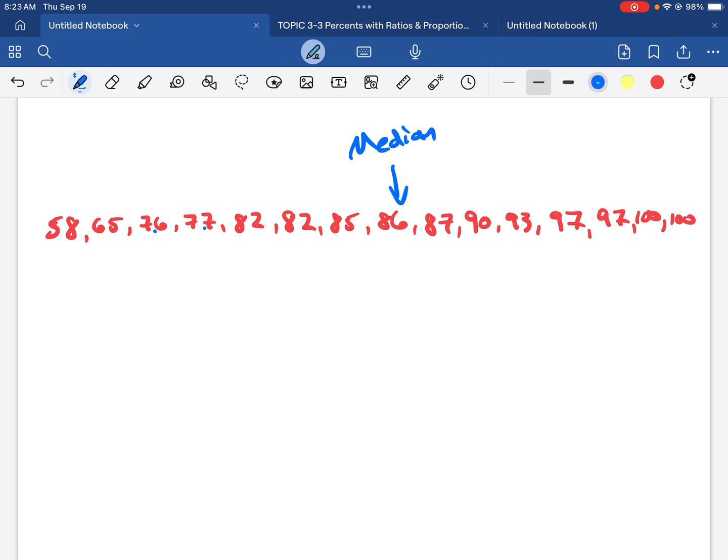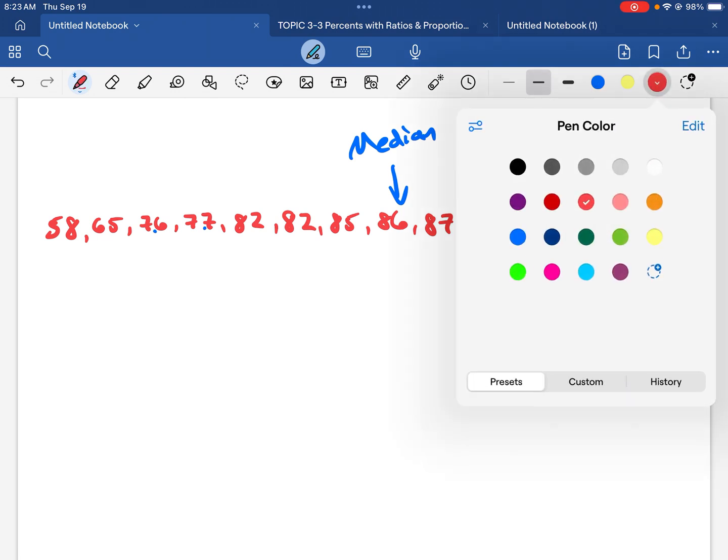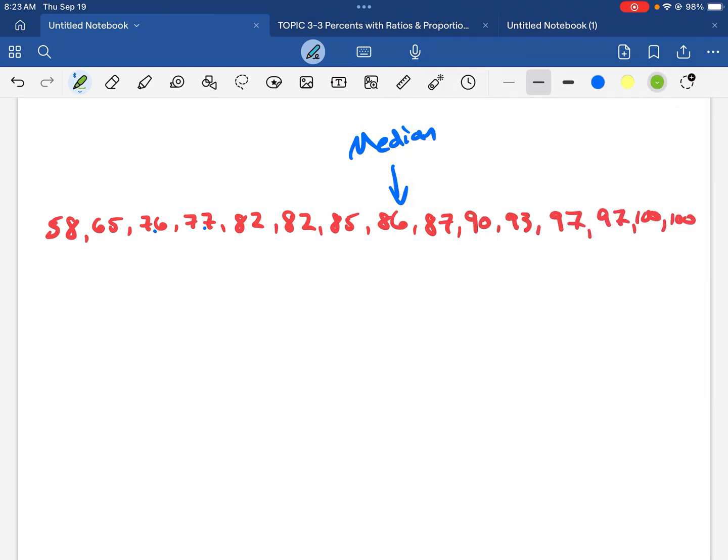Okay. Now when you take the quartiles, Q3 and Q1, the median has to be with that quartile. So I'm going to look at this upper half. I'm going to go to the middle of these values. There's 4 on each side. So the middle between 93 and 97 would be 95.